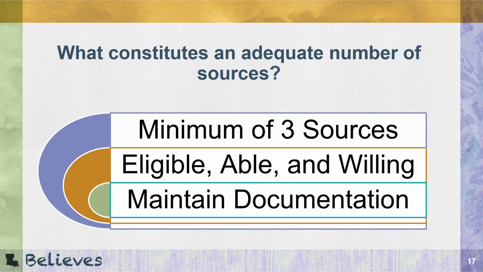Make sure that you use a minimum of 3 sources. Remember, USDA requires only 2, but the state requires 3. Any vendor that you send a solicitation to has to be eligible, able, and willing to provide the product, goods, and services that you need.